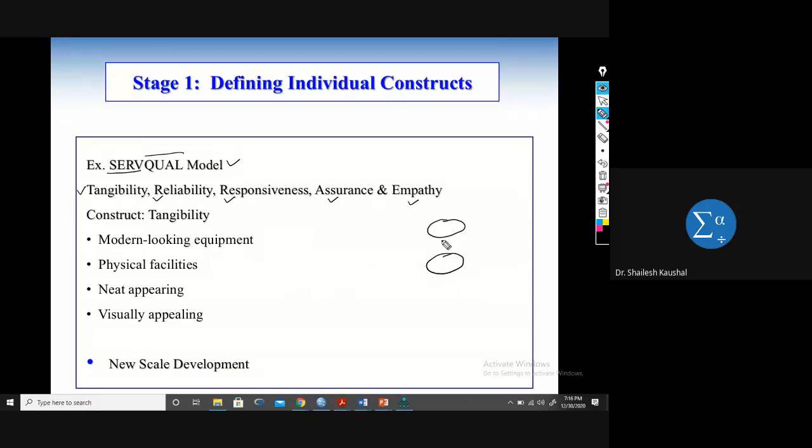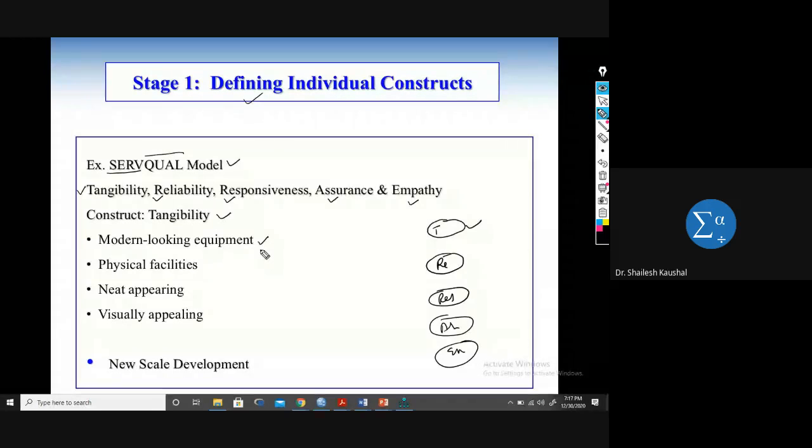So in the first step, I explain each individual construct. This is my tangibility, this is the reliability construct, this is responsiveness, another is assurance, and another is empathy. Defining an individual construct means deciding how many questions you are taking in it. How do I measure tangibility?